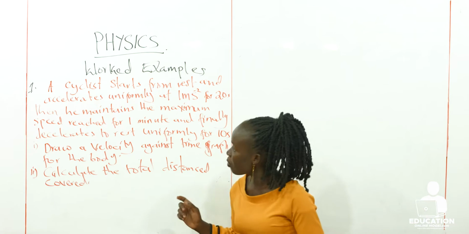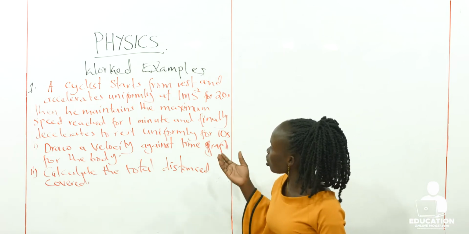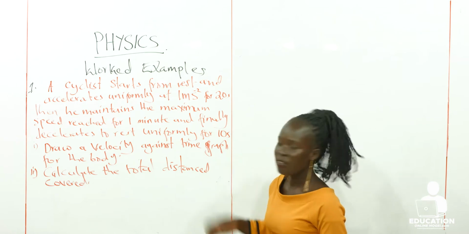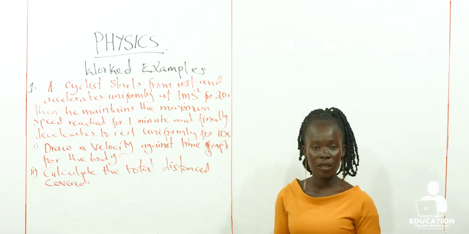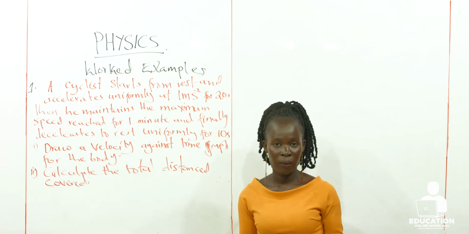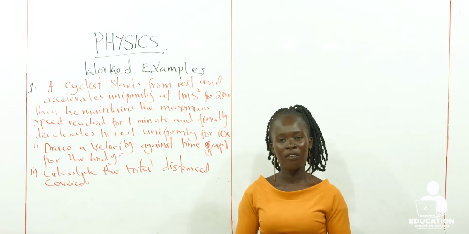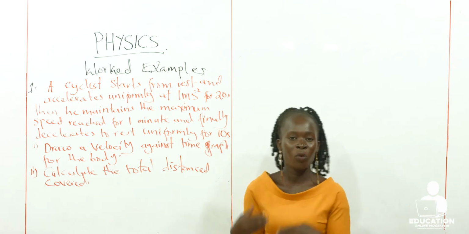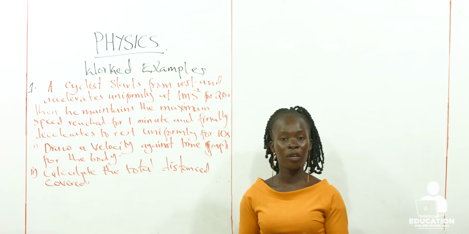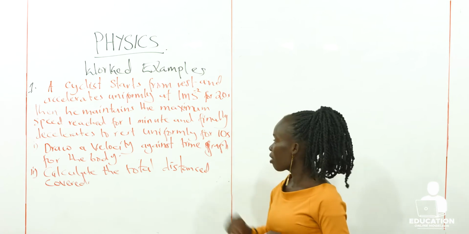Then something you have to check on your question: was the body starting from rest, or was it already given some other velocity to start moving? What is the time taken for the body to come to rest or to move from one point to another? All those things you need to first find out in the question.